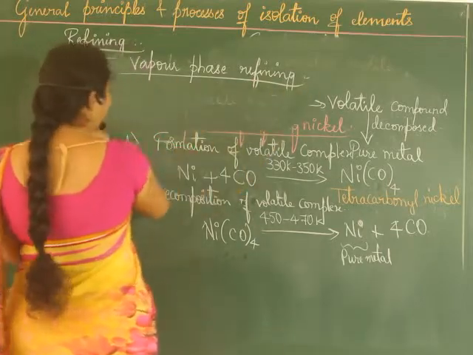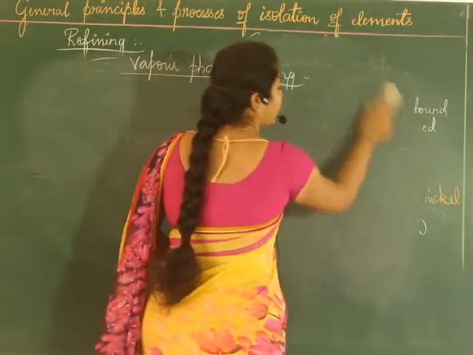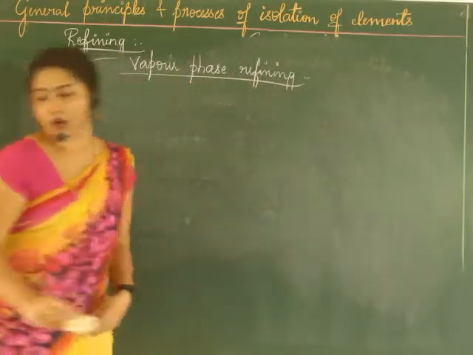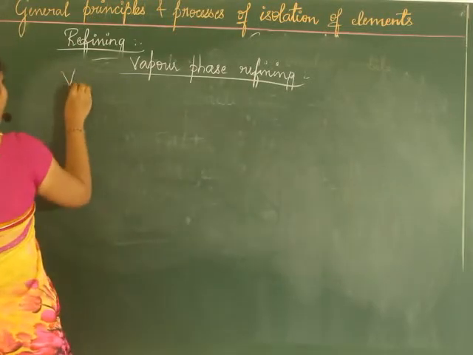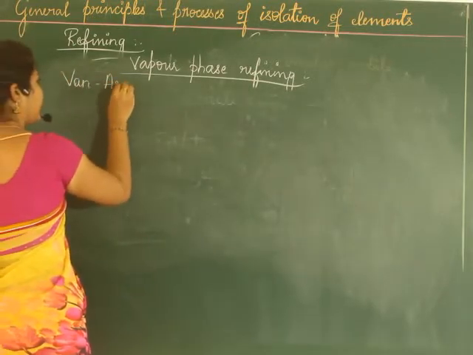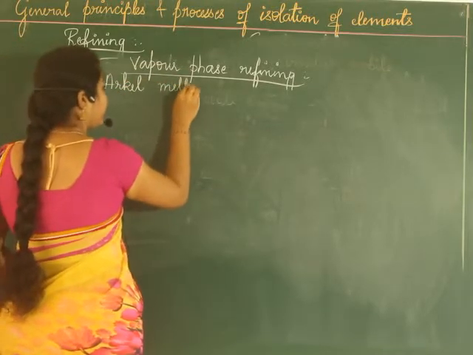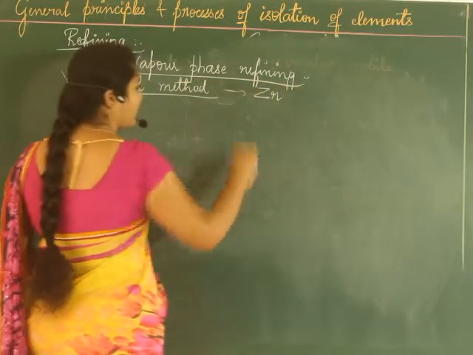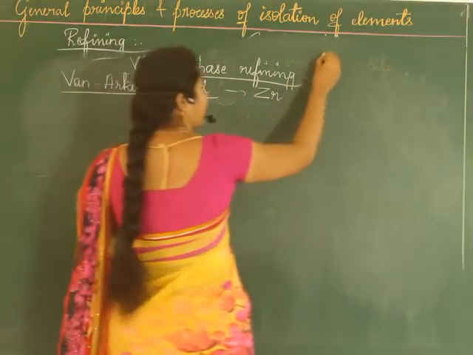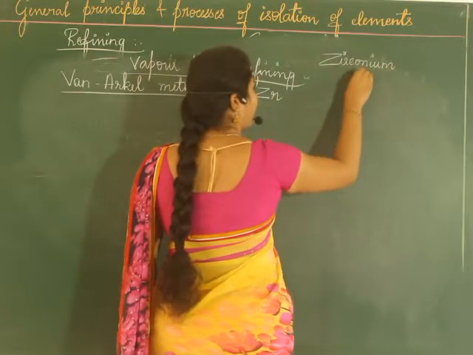Next, under vapor phase refining, one example which we have studied is nickel. The other example is zirconium or titanium, by the Van Arkel method, A-R-K-E-L.